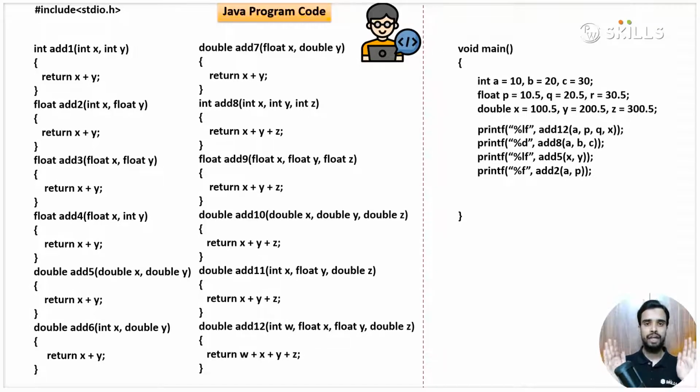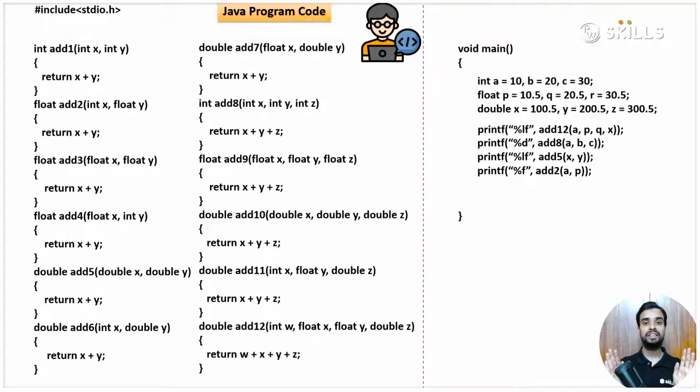Starting from, we have just realized that within our Java programs, we are absolutely permitted to create multiple methods with the same name. Hence, now that I see that all of these 12 add methods are performing the addition activity, in Java, there is no rule that every single method should have a unique name.